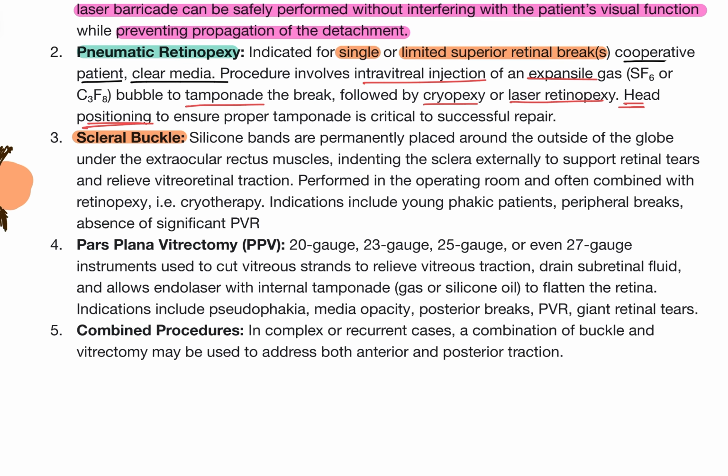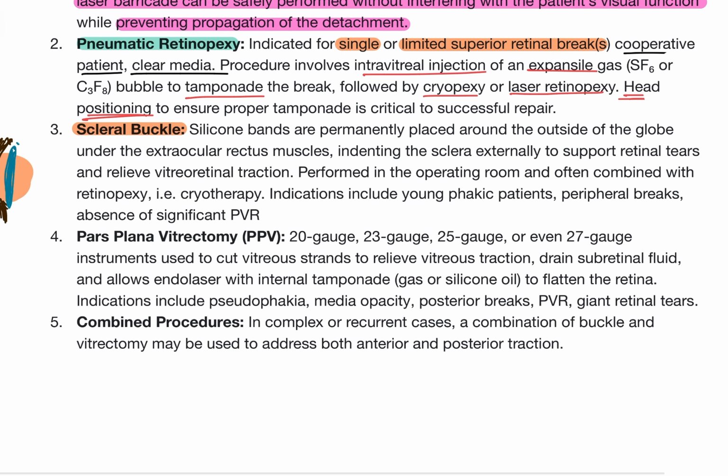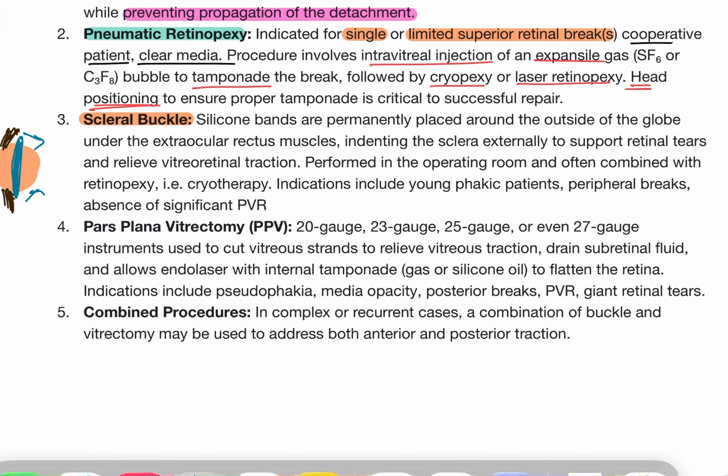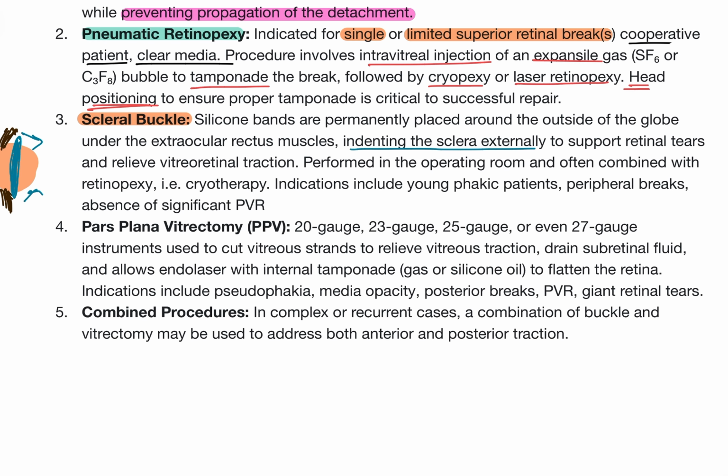You take silicone bands and permanently place the silicone bands behind these rectus muscles. That will lead to what? Pressure buildup and something called scleral indentation. External indenting of the sclera, and that scleral indentation will support your retinal tears. If you have any retinal tear, that will be supported.